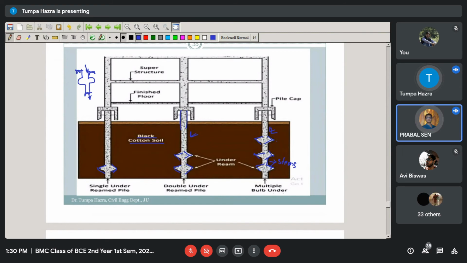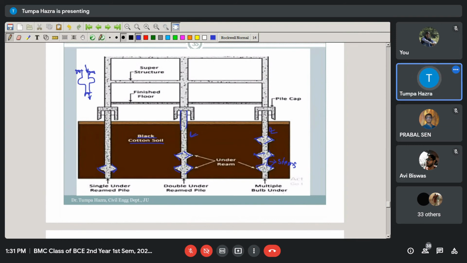Ma'am, these are deep foundations. Yes, deep foundations, but this is a pile foundation also. That means they are carrying the load from the ground to a deeper surface where there is a soil strata with high bearing capacity.